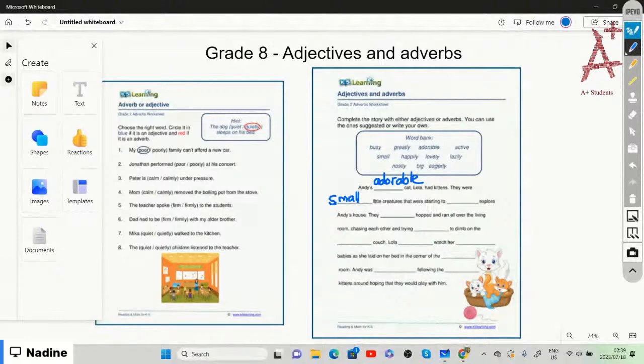So it's either greatly, happily, lovely, lazily, or noisily, depending, of course, on how cats explore. We can either say they eagerly explored or we can say that they noisily explored. Let's just go with eagerly, right? We are only going to do those three, and those are a few adjectives and adverbs.